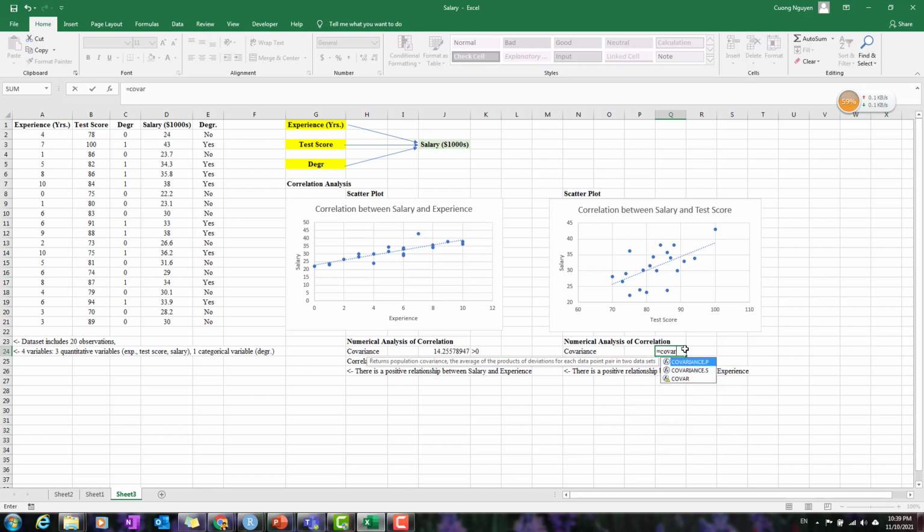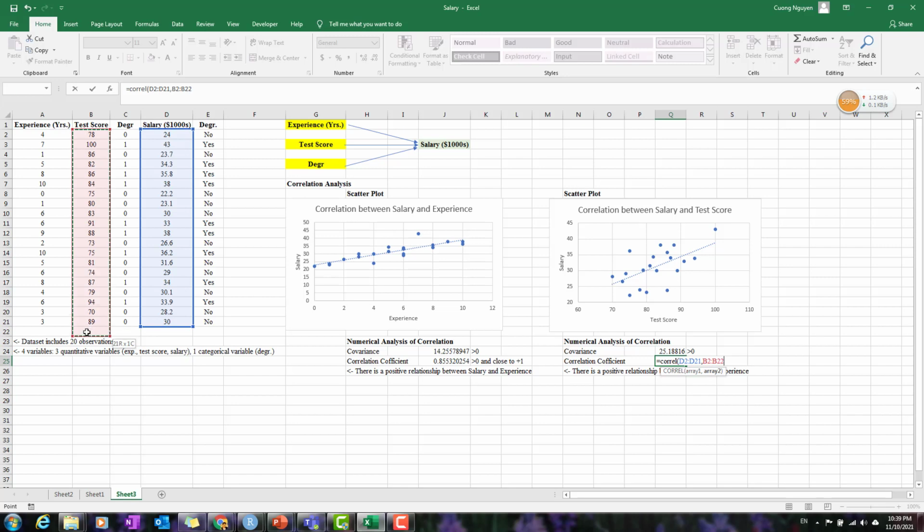You can also check the correlation. I can do it with COVARIANCE.S between salaries and test score, and you can see this is a positive number, a positive relationship. For the correlation analysis, I use CORREL with salaries and one more time the test score.